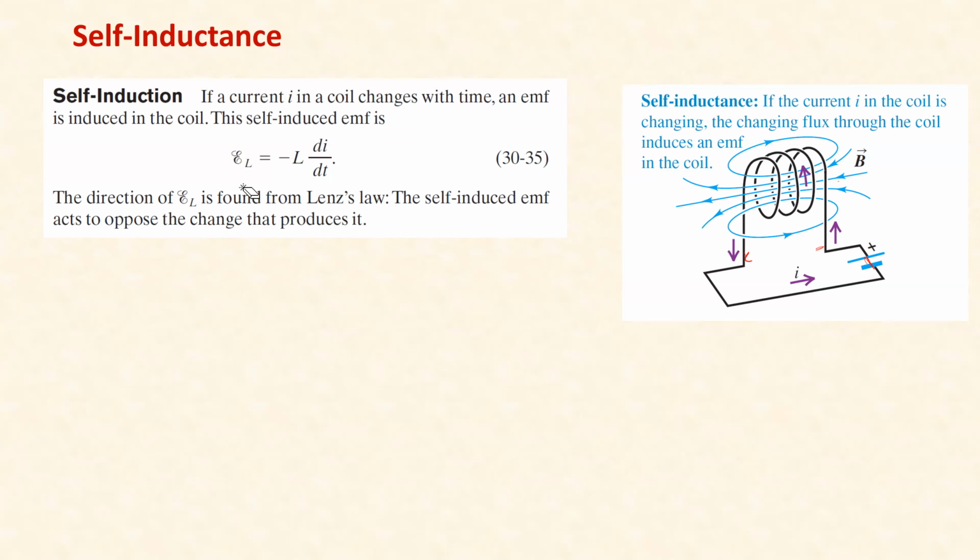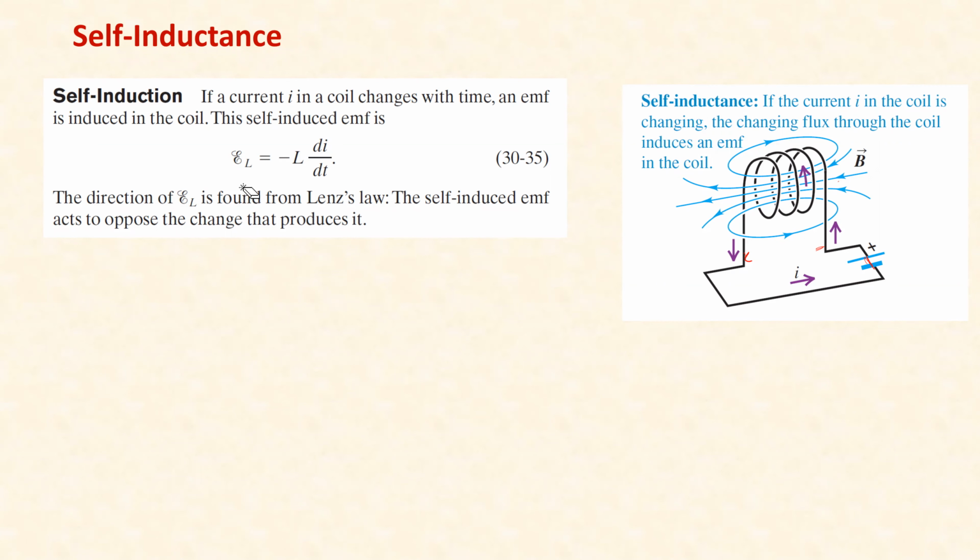So if a current I in a coil changes with time, an EMF is induced in the coil. This self-induced EMF is EL equal to negative L times dI/dt. The direction of EL is found from Lenz's law: the self-induced EMF acts to oppose the change that produces it.